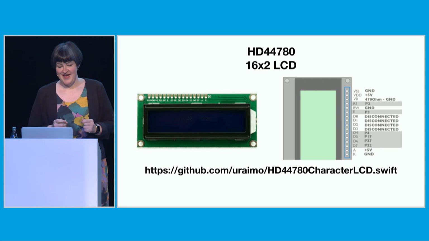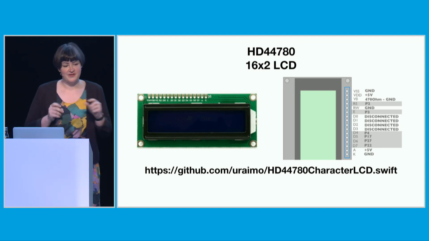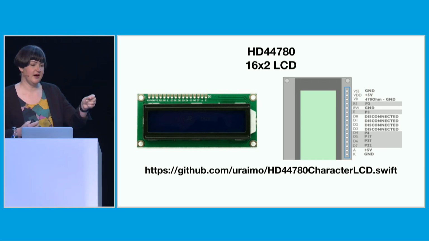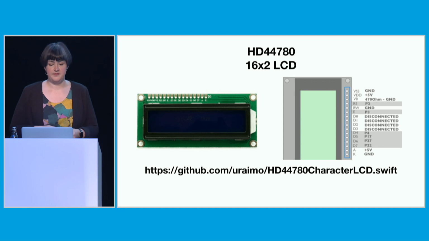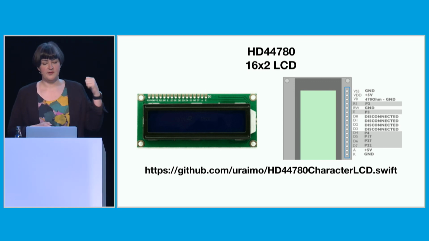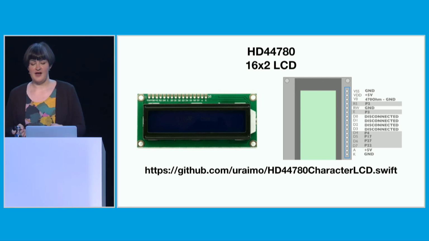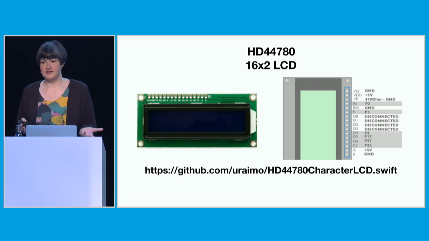Rolls off the tongue. On the left, we've got the actual component that we'll be using, and on the right, a wiring diagram showing how we need to hook it up to the pins on the Raspberry Pi. And the lovely person who made SwiftyGPIO has also made a lovely little class for working with this LCD.